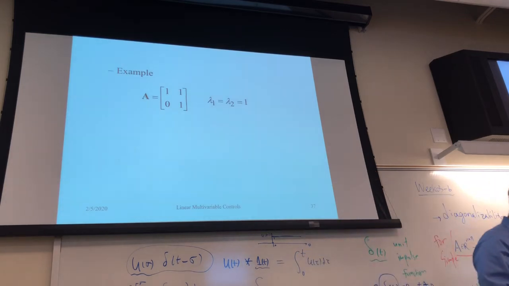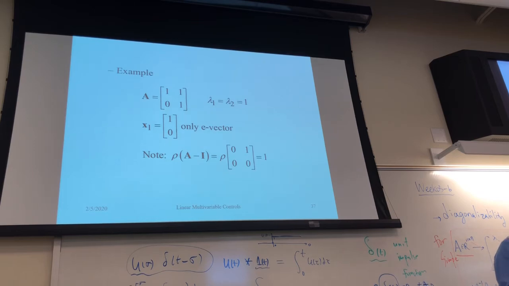If you check this one, you will see that you only have one eigenvector. You don't have a second independent one, because if you do A minus lambda I, you end up with this thing, and this one has rank 1. So this is called transformation to Jordan canonical form.